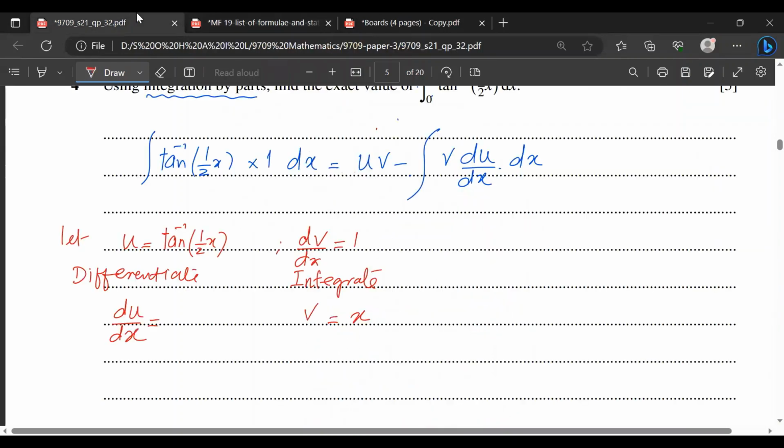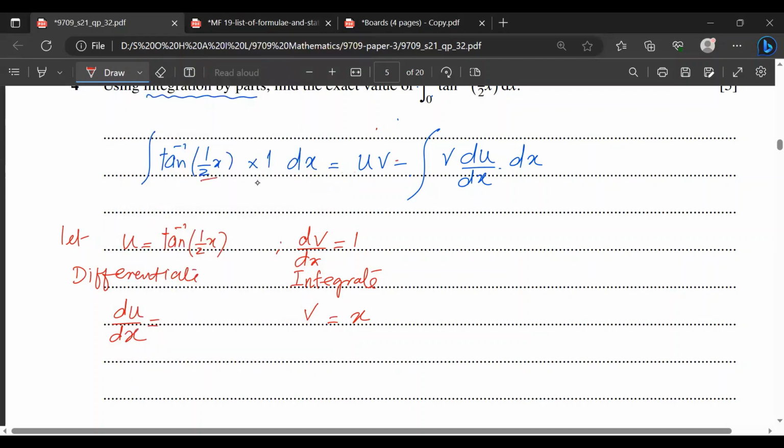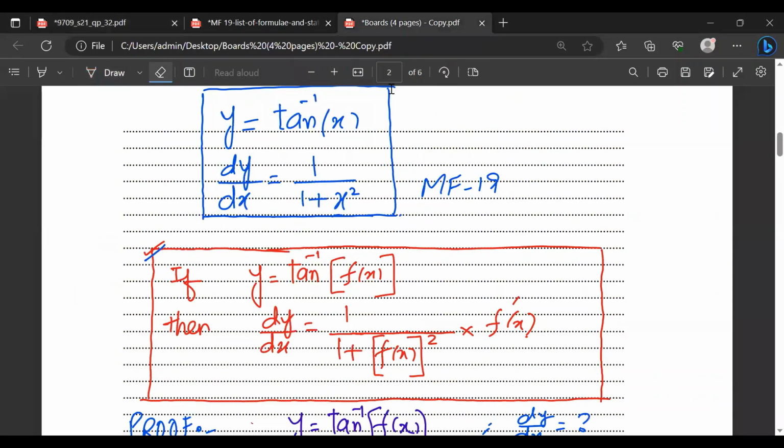So what is the problem here? You can't apply this formula because it is not just x here. It's not just x, it is half x. We have a different function here, not just x. So what you can do, I can give you the improved form of this formula. The top one in the blue box is the formula which is there in MF19, tan inverse of x.